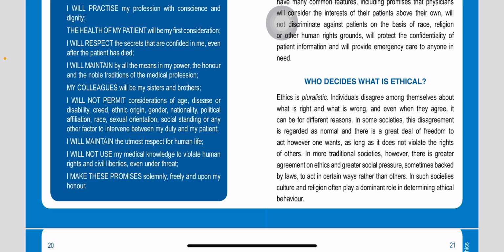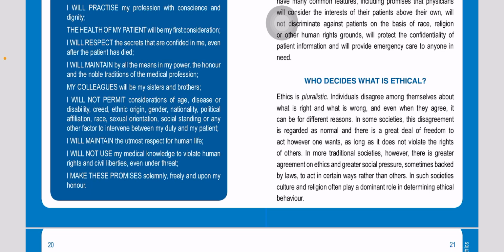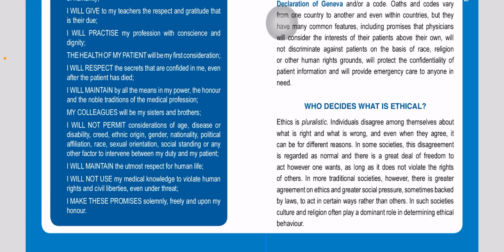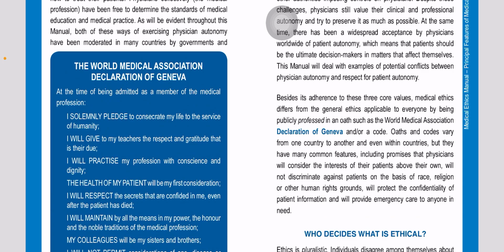Okay? I will maintain the utmost respect for human life. I will not use my medical knowledge to violate human rights and civil liberties, even under threat. Lastly, I make these promises solemnly, freely, and upon my honor. Okay? So, this Declaration of Geneva, class, is like an oath to physicians.